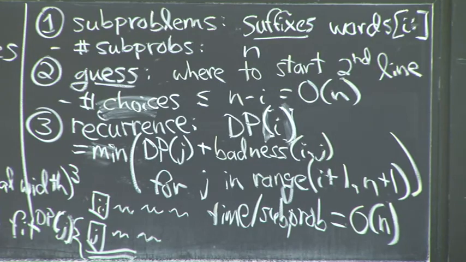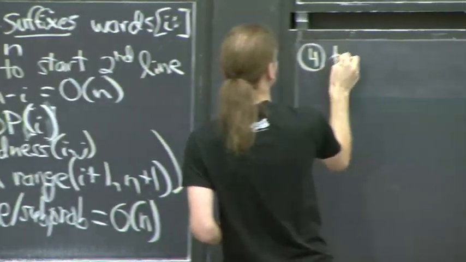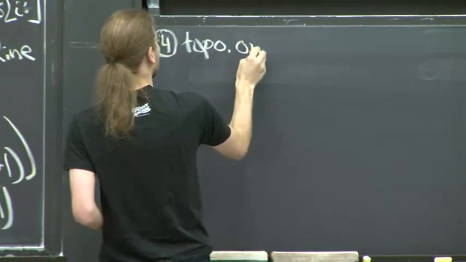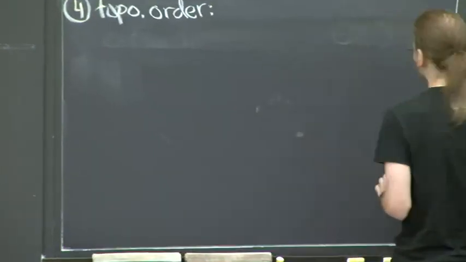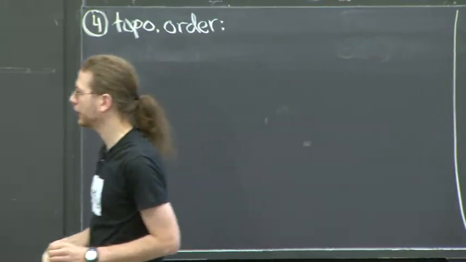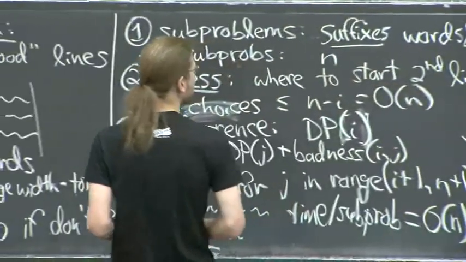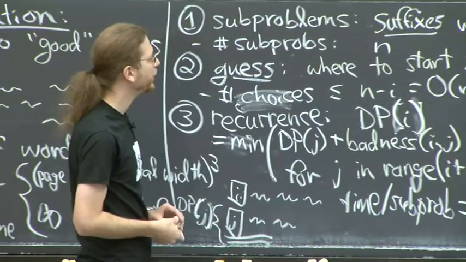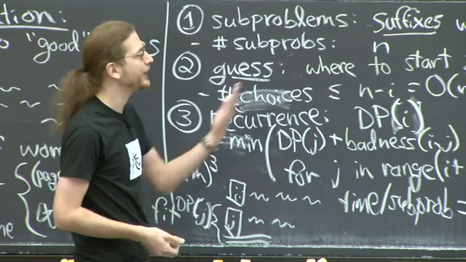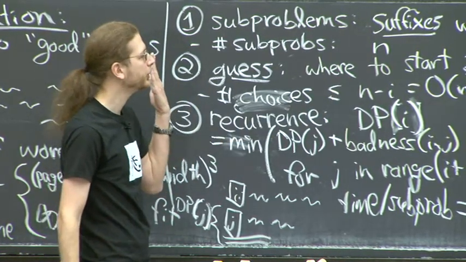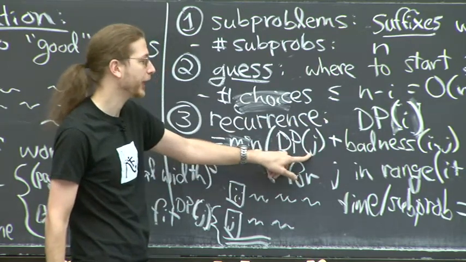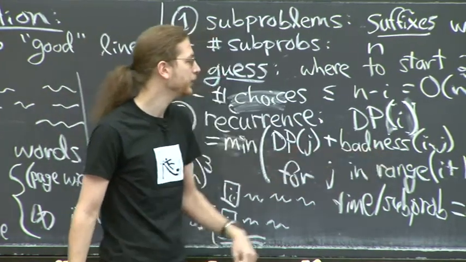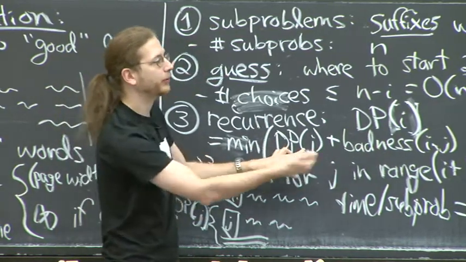Now we have to check that there's a topological order for these subproblems. This is easy, but a little different from what we've done before, because we have to actually work from the end backwards, because we're expressing dp of I in terms of dp of larger values of I. J is always bigger than I. And so we have to do it from the right end back to the beginning.